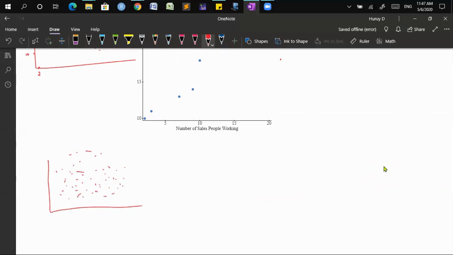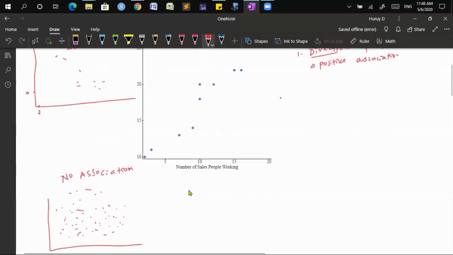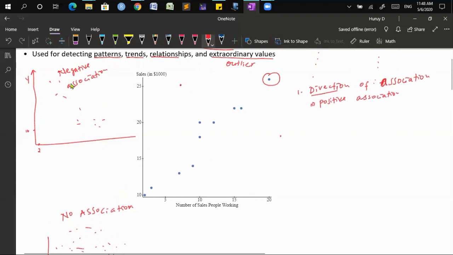So you don't see any pattern. In this case, you would say no association at all, or no relationship. Okay, so broadly we can have negative association, we can have positive, or we can have no association. In this case we have a positive because it's increasing.